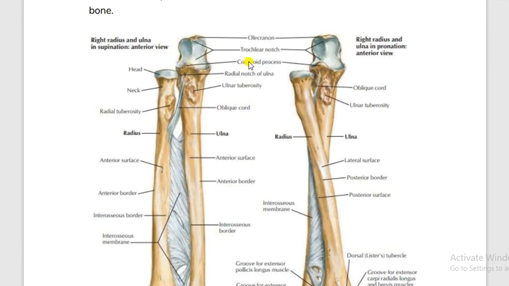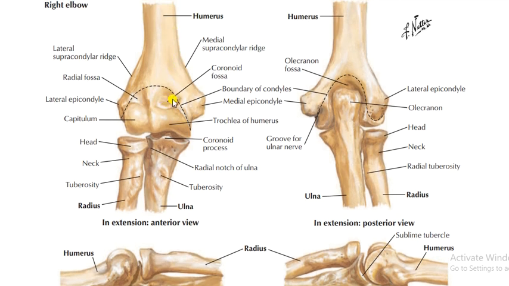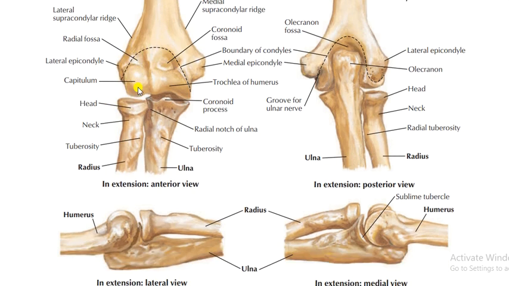When the elbow is fully flexed or bent, this coronoid process would articulate with the coronoid fossa present on the humerus here. Meanwhile, the head of the radius will be articulating with the radial fossa.